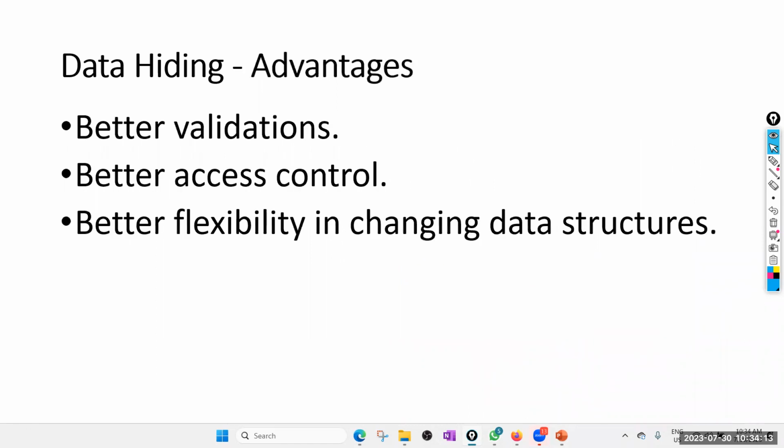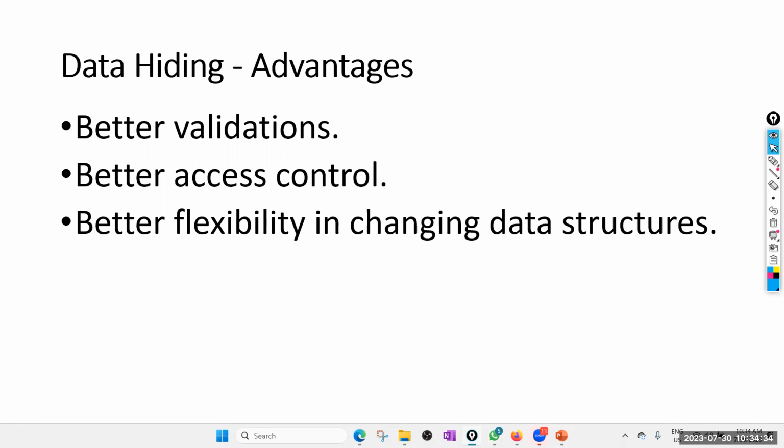So you get better security, you can do better validations, access control, and so on. And we can also change the data structure, because you are not aware of the data structure. You are just calling a behavior. Maybe earlier it was an array, and now you put it into a set or list.